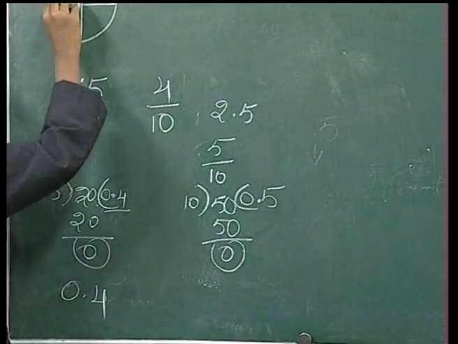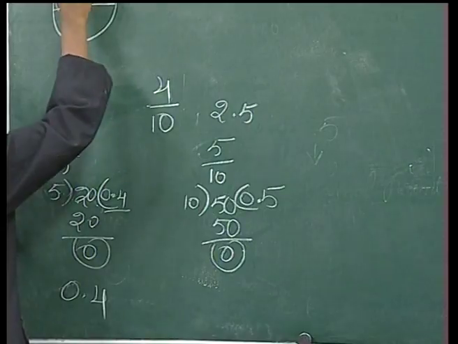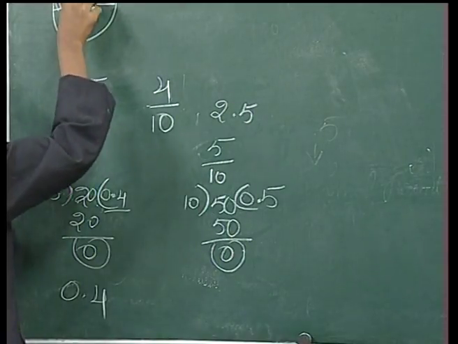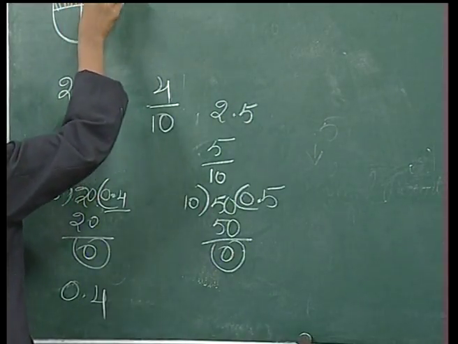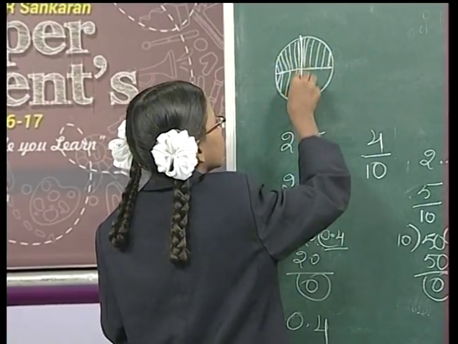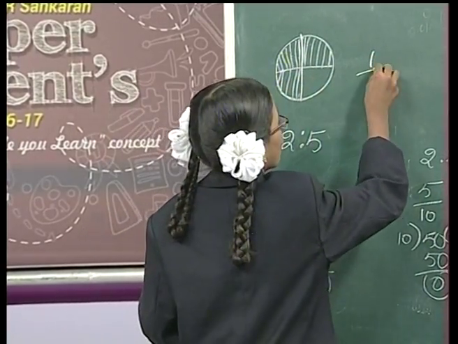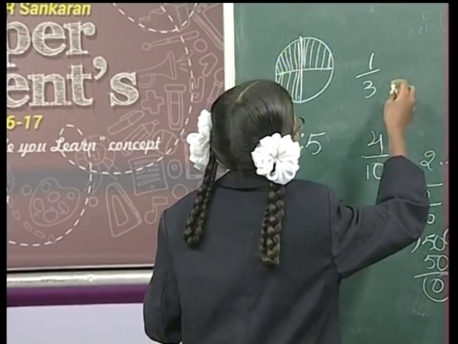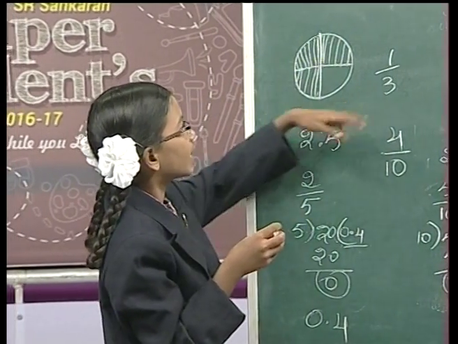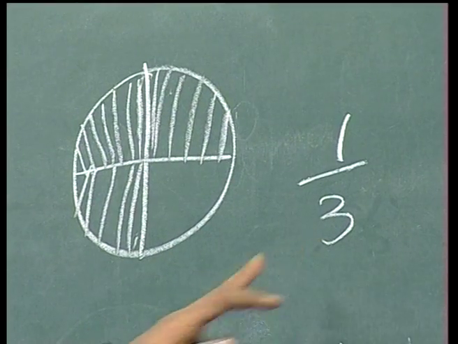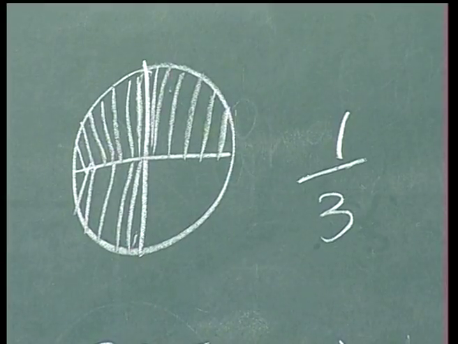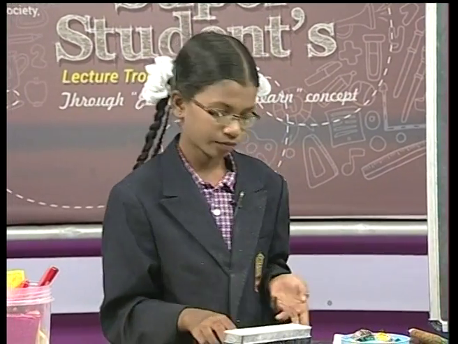Here we shade 1 part, here 2 parts, here 3 parts. Here the fraction is 3/4. Friends, here the whole part is 4 and shaded parts is 3. That's why we call the upper part numerator, the lower part denominator.